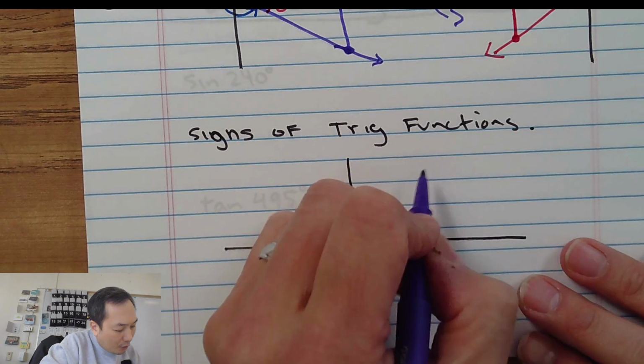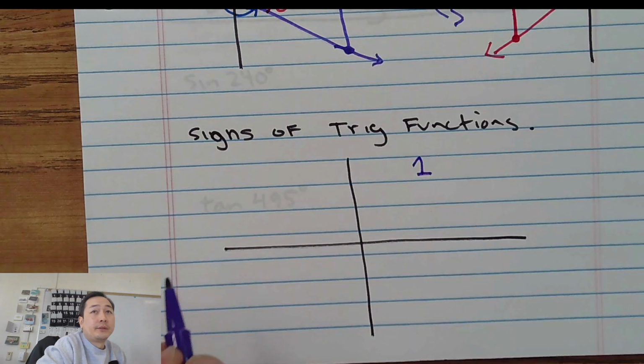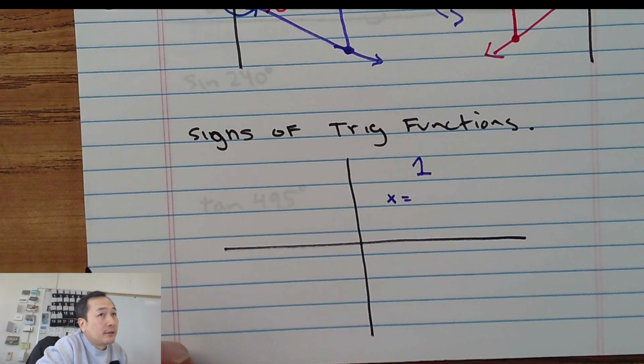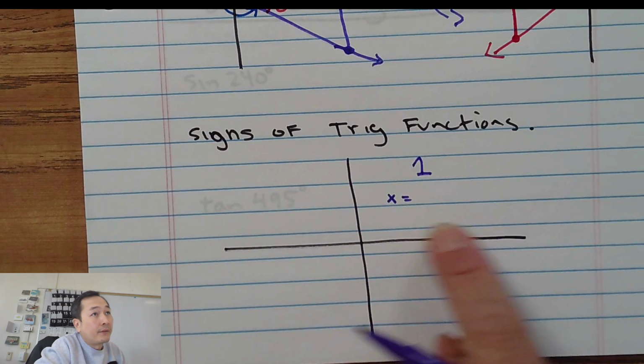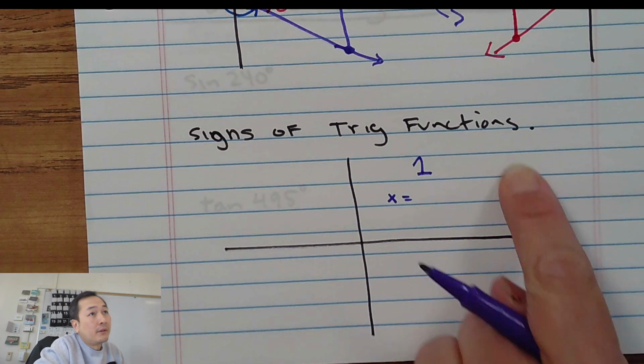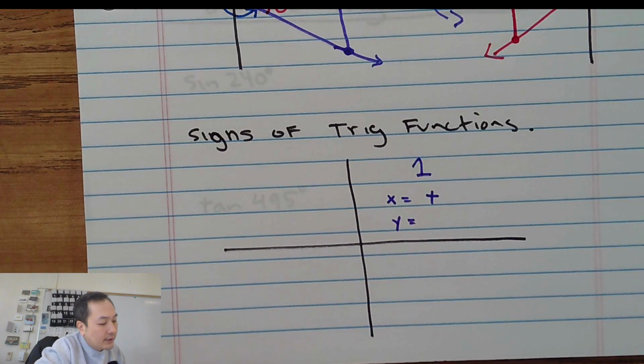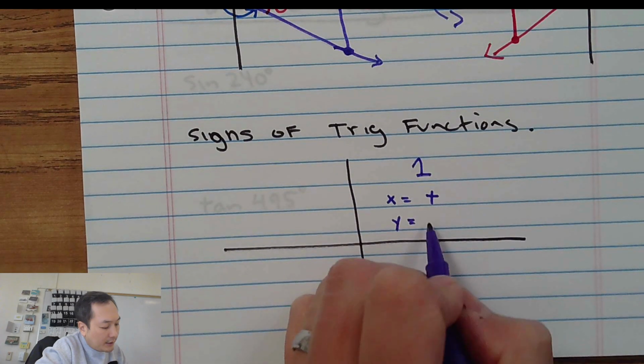Here in quadrant 1, my x value, is it positive or negative? Positive. My y value is positive.